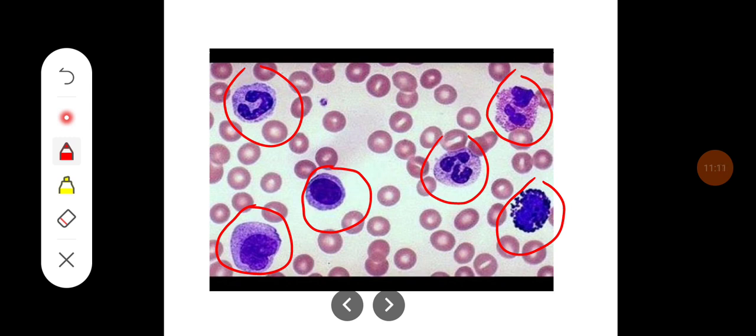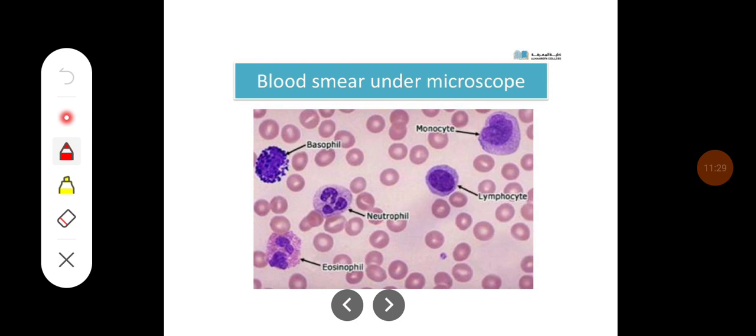Okay, and here the nucleus is kidney shaped, and sometimes you can see the nucleoli in them. Okay, so this is how you have to differentiate different WBCs in the smear. This is another diagram showing a neutrophil, eosinophil, a lymphocyte, a monocyte, and a basophil.